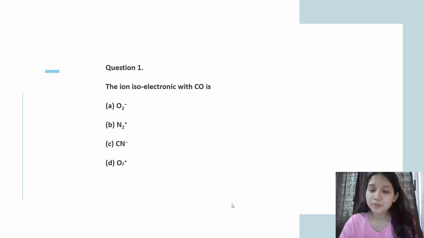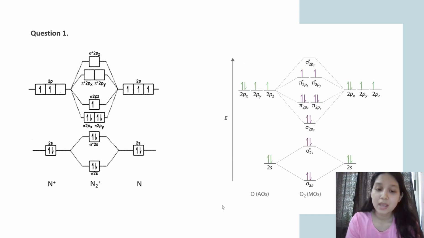First of all, what do we have to do to find the isoelectronic ion of carbon monoxide? We will have to calculate the number of electrons present in carbon monoxide, right? And for that, molecular orbital theory will help us. Here I have included the molecular orbital diagram of N2 plus, from where you can know the number of electrons present in the N2 plus molecule. Of course, it is a cationic species.